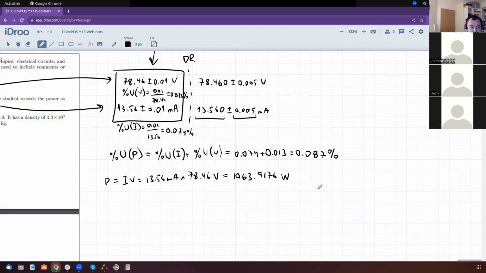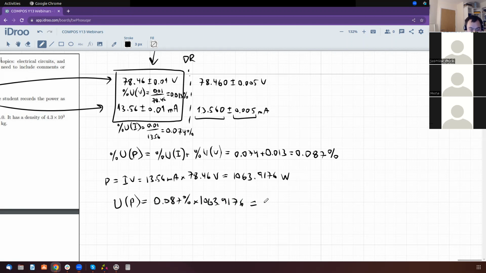And then you take 0.087% of the power. So the absolute uncertainty for power is 0.087% multiplied by 1063.9176, that is, times 0.00087.